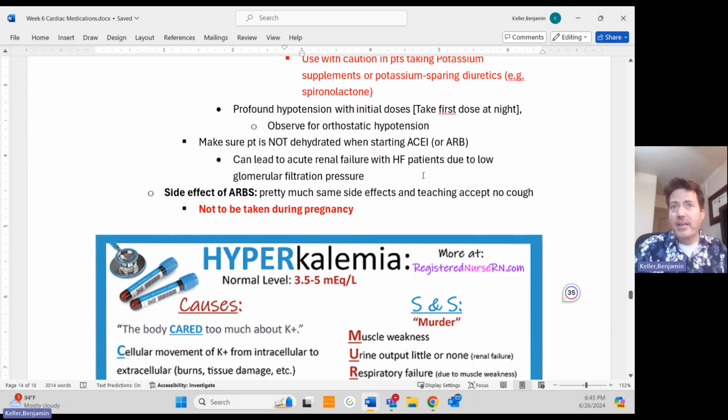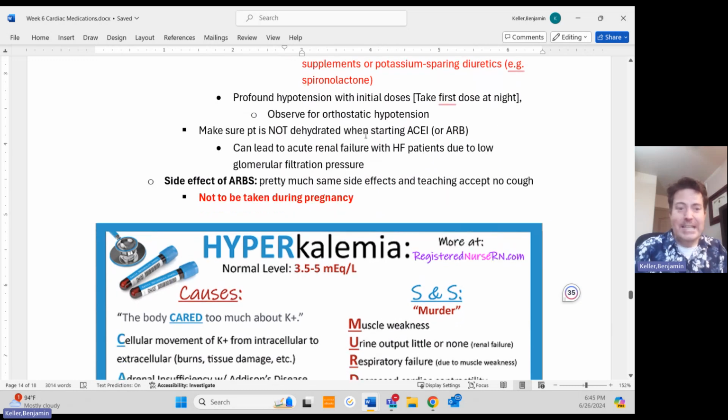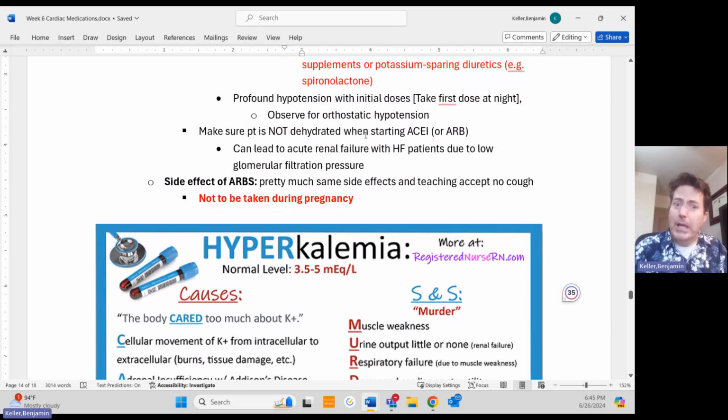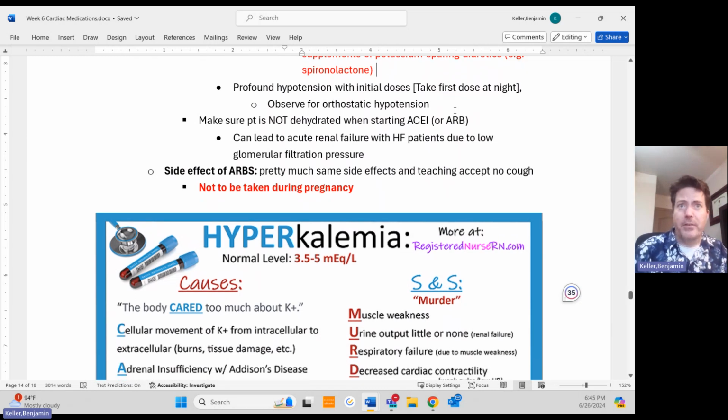ACE inhibitors can cause profound hypotension with the initial dose. So sometimes they'll advise taking the first dose at night, because if you're going to get really dizzy and pass out, you're already lying on your bed and you're not going to hurt yourself. They need to watch for orthostatic hypotension, which means don't get up really fast in the morning. Sit and dangle your feet off the edge of the bed for a minute or two before you get out of bed, or you can fall over and hurt yourself.